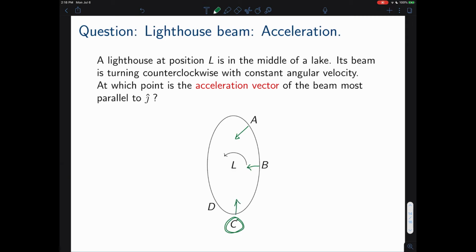At point C, it's pointing in towards the center. At point D, it's pointing in towards the center. And all of these are tilted or horizontal, but point C, it's vertical. The acceleration vector is pointing up towards the center of the lake. So that means that at point C, the acceleration vector of the beam is most parallel to J.